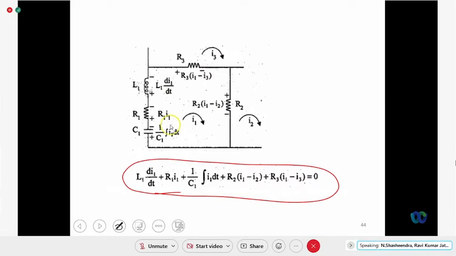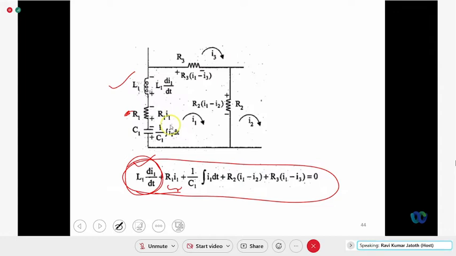Yes, sir. Now, you are trying to write this as a mesh equation, right? L1 di1 by dt is the voltage across the inductor. R1 I1. How many meshes are there? That many mesh equations you will get.